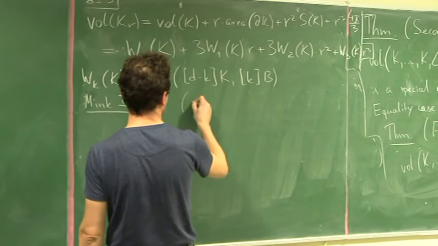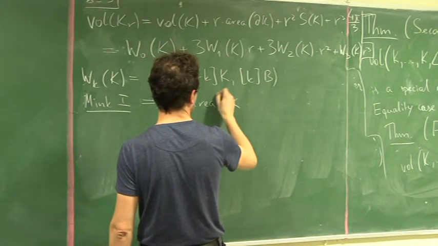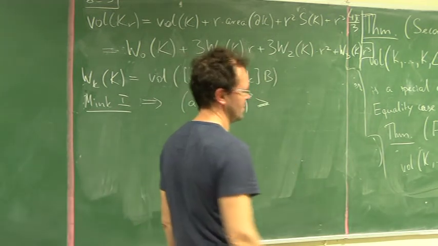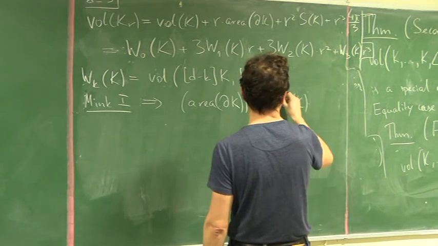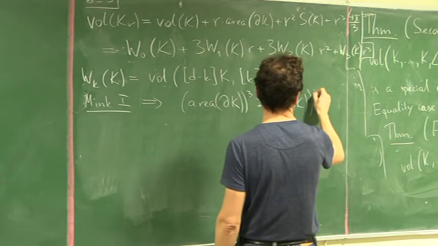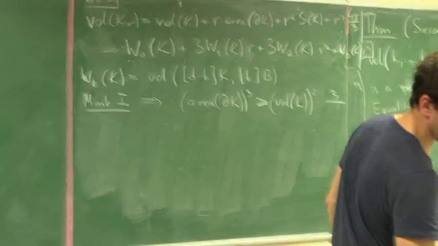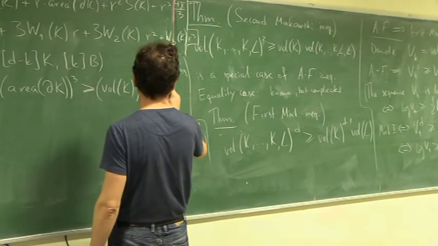Okay, I just write what I have written, and you can check that this is indeed so. The area of the boundary of K to the third power is bigger or equal than the volume of K squared, multiplied by 4 pi divided by 3.